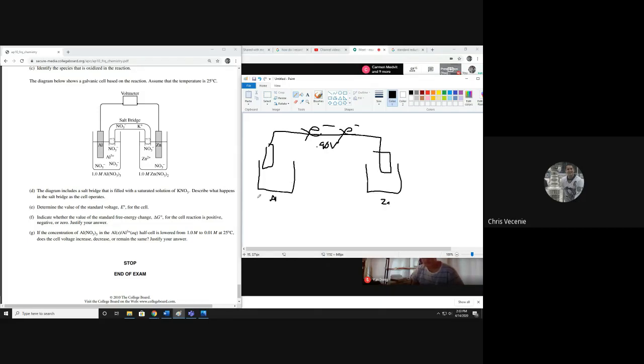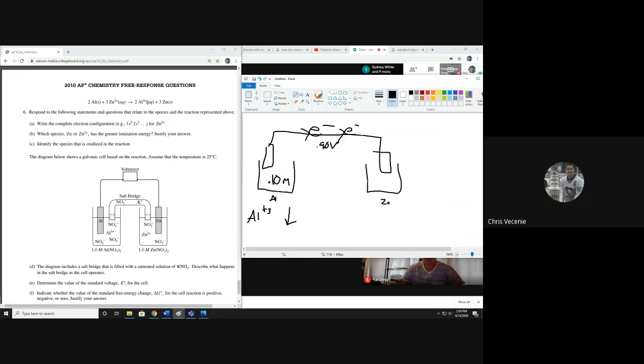They're saying that in this half, I lowered the concentration to 0.10 molar. So what we did was we made the Al+3 concentration decrease. So if you look up here, where does the Al+3 concentration live?